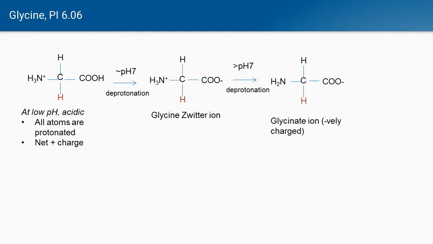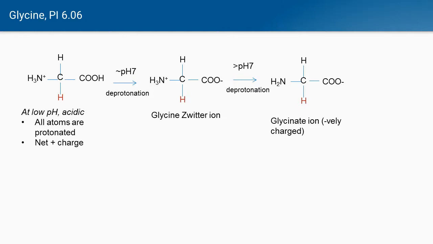When we increase the pH and the pH reaches about 7, deprotonation happens. Why is deprotonation happening? Because when we are increasing the pH, we are increasing the concentration of hydroxide ions, and due to the increase in hydroxide ions, the carboxyl group loses its hydrogen atom in order to neutralize it, and in this way the glycine acquires the zwitterionic form.